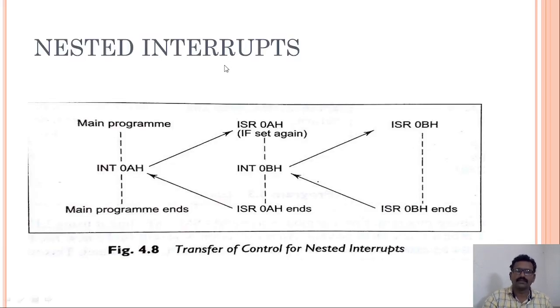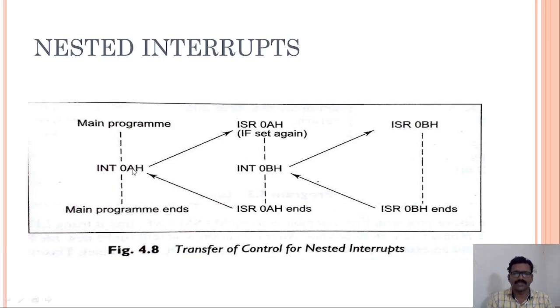For example, as we discussed in the first slide, multiple interrupts can occur. What is going to happen? For example, this is a main program. We have 256 interrupts, from 00 to FFH. For example, INT 0A occurred. While executing INT 0A, immediately another interrupt occurred.